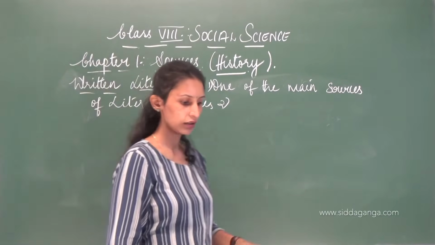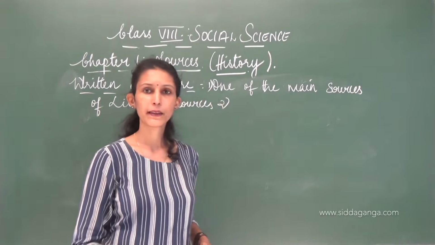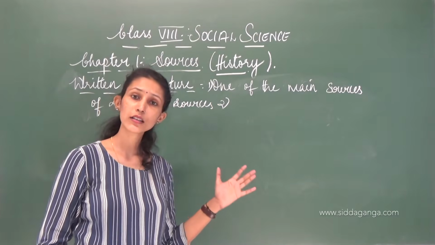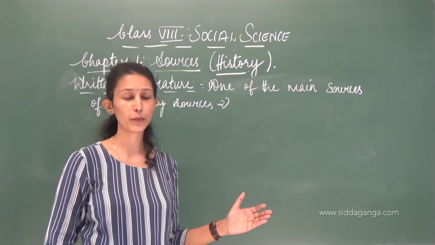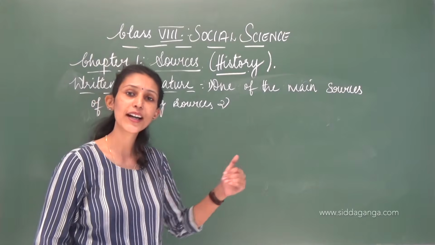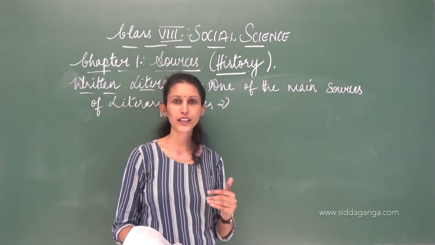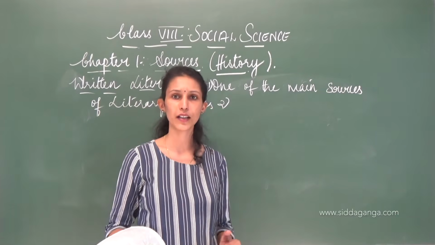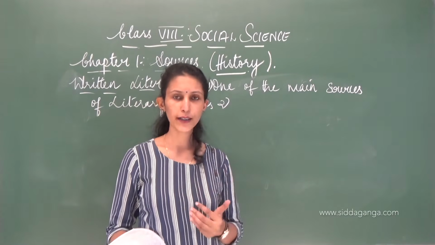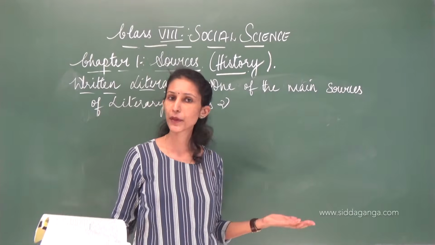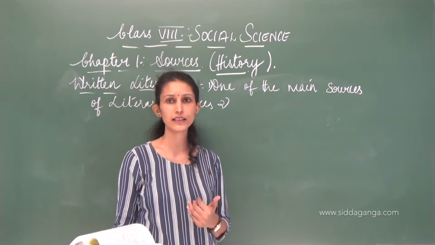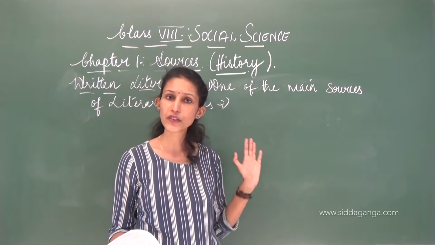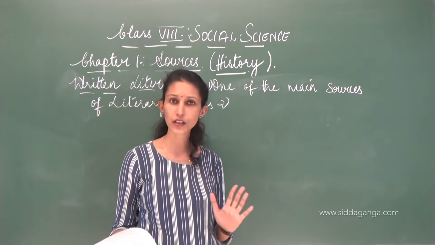Now literature can make us understand what the author was doing at that point, or in which era did the author live. Now see, anybody who is writing will write according to the age that they are living in. Now if you and I are writing a book, we will write according to the present understanding of our society, isn't it? Experiences that we have. Will we write of something that has happened 50 years ago? We don't know what's happened 50 years ago, isn't it?